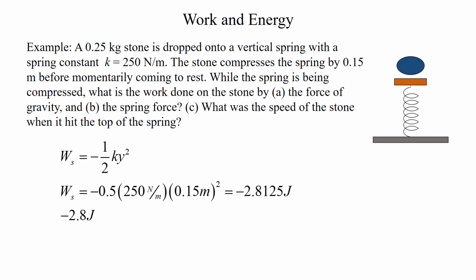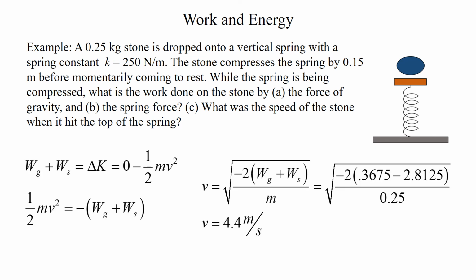And so I get negative 2.8125 joules. Rounding to two significant figures, I get a negative 2.8 joules for the work done by the spring. Notice that the work done by the spring is negative. Well, of course, the stone slows down, so the work done by the spring is removing energy from the system.